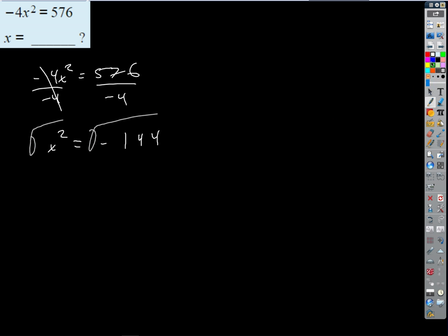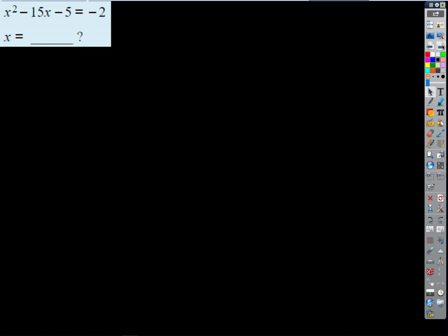And that's going to give me x equals plus or minus, very good. And then square root of 144 is going to be 12, and the negative becomes an i, right? So my 2 answers would be 12i and -12i. Okay? What about this guy?